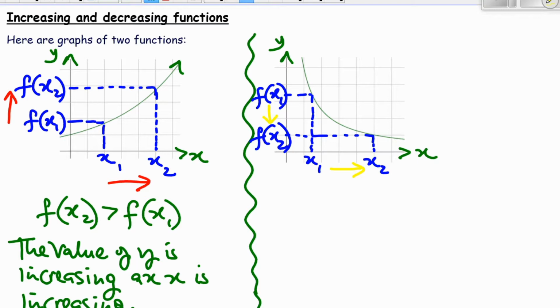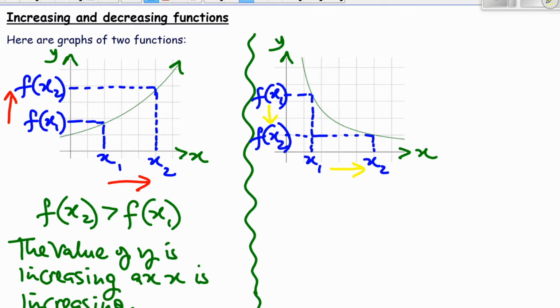Another observation you can notice here is that f(x2) is less than f(x1), because as the value of x is increasing, the value of y is decreasing.